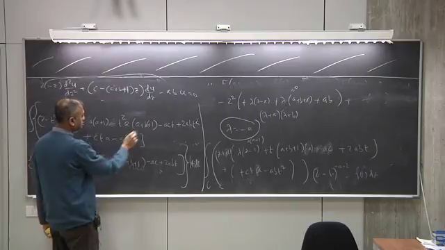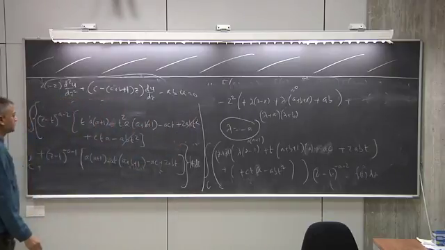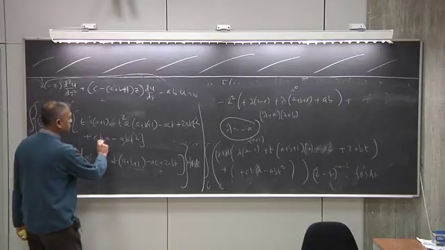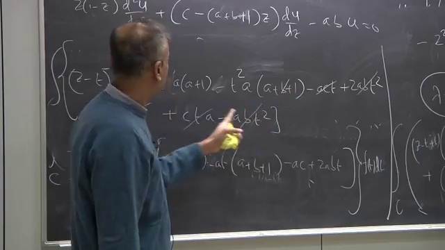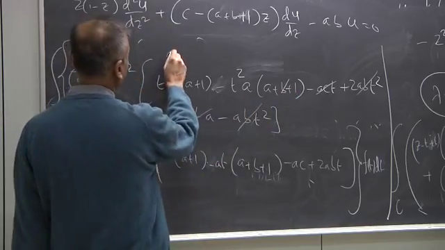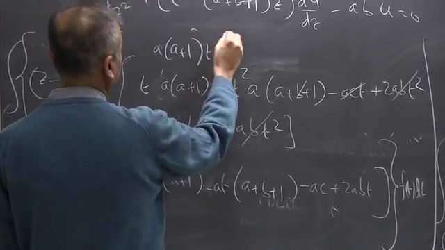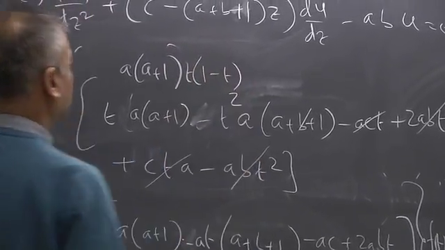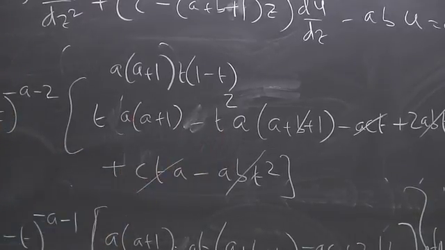Minus ab cancels with that 2ab t square, and furthermore act also cancels with that, and this is simply a plus 1. So what you find is that this whole thing is a plus 1 times t times 1 minus t, right? Because there's a t and a t square, so t I can take off.